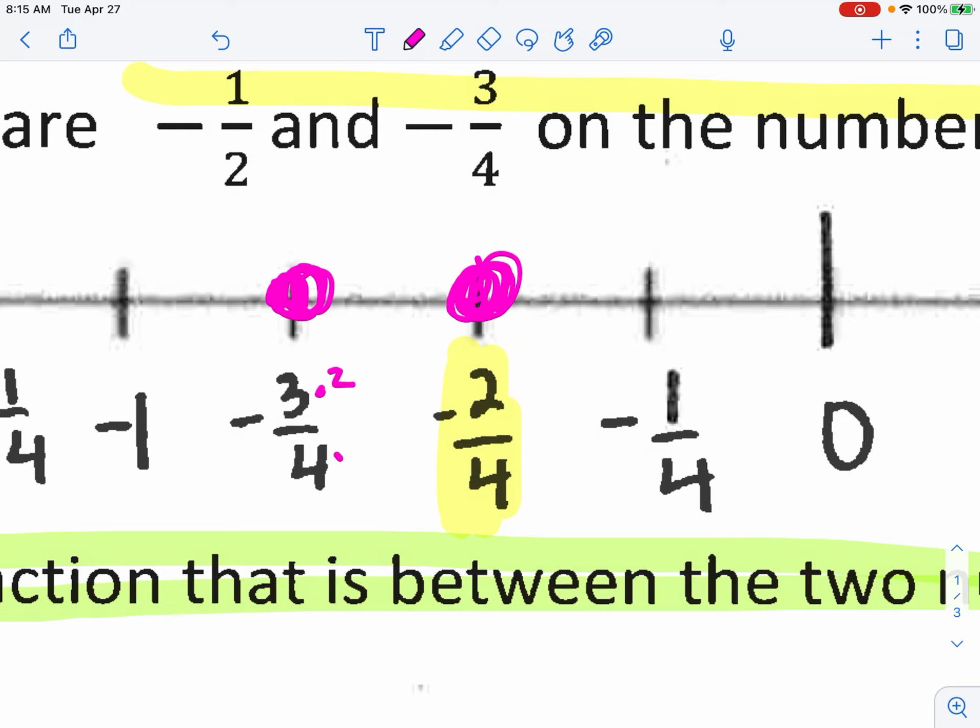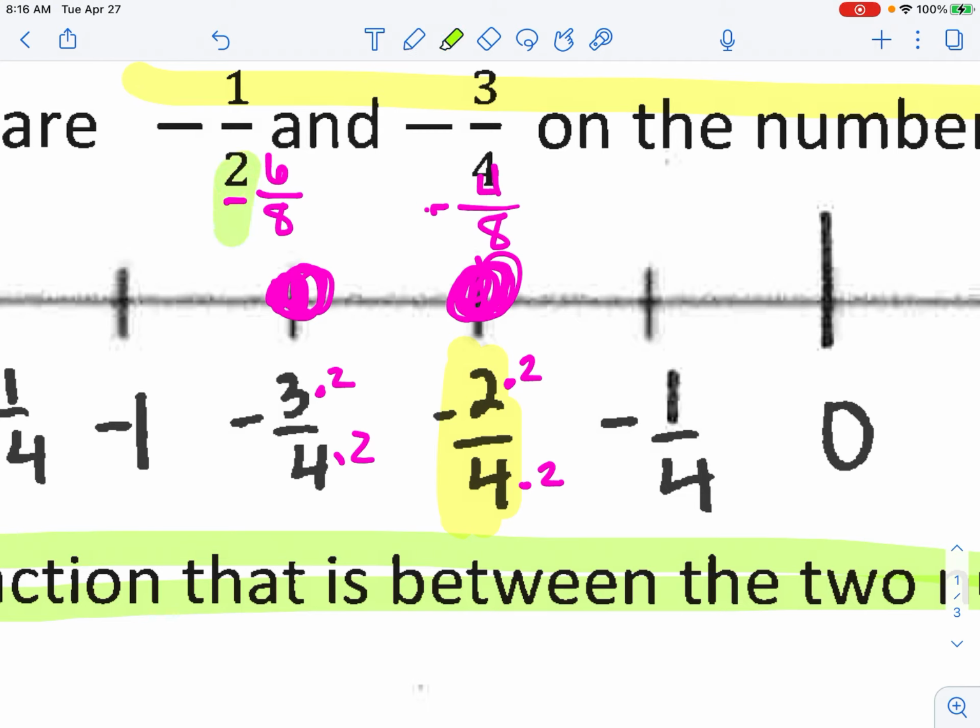So if I multiply 3 times 2 and 4 times 2, that would get me to -6/8. If I do the same thing with -2/4, -2 times 2, that would be -4. Whoops. Sorry, I think I lost my negative sign there. And 4 times 2 is 8.